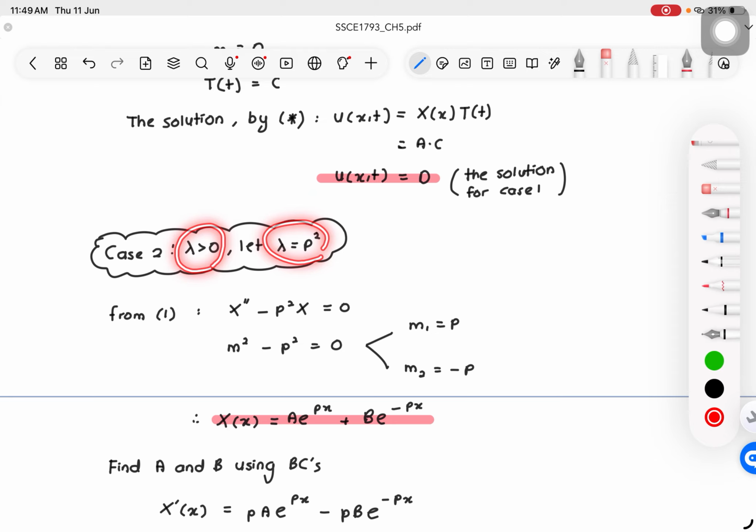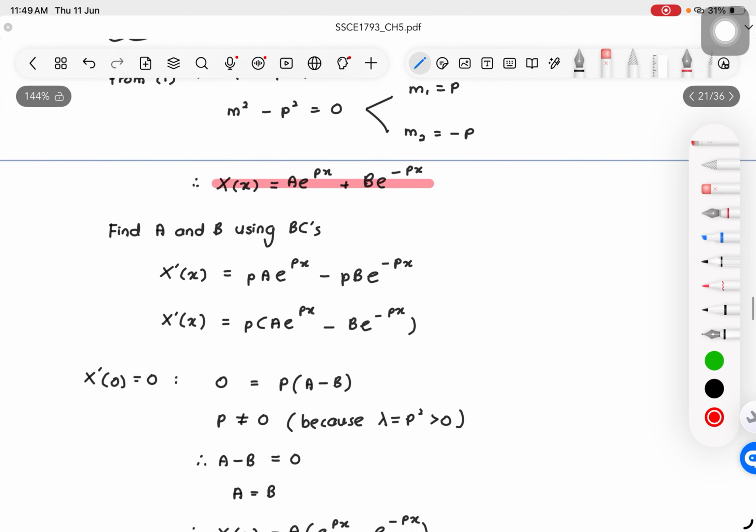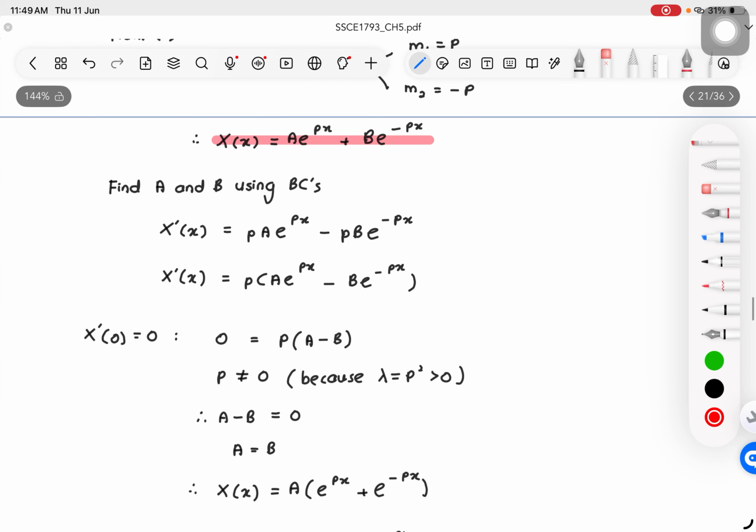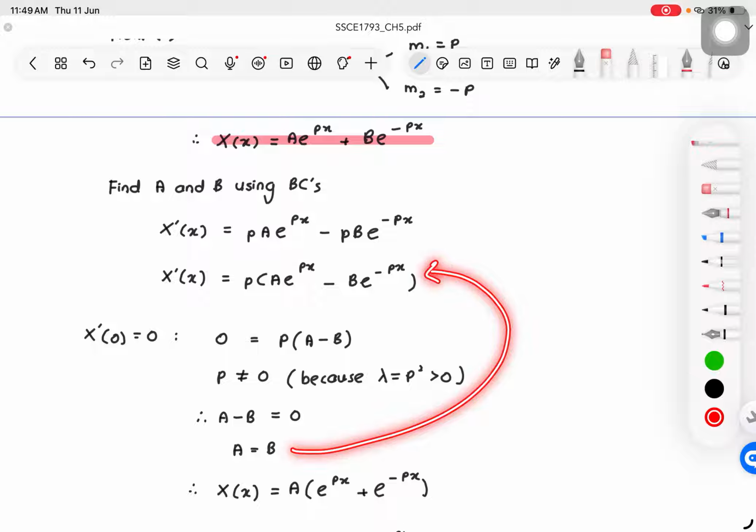So P must not equal 0, because lambda is equal to P squared, which is greater than 0. So if this one is not equal to 0, A minus B will be equal to 0, so we can do A is equal to B. We just substitute this inside here.